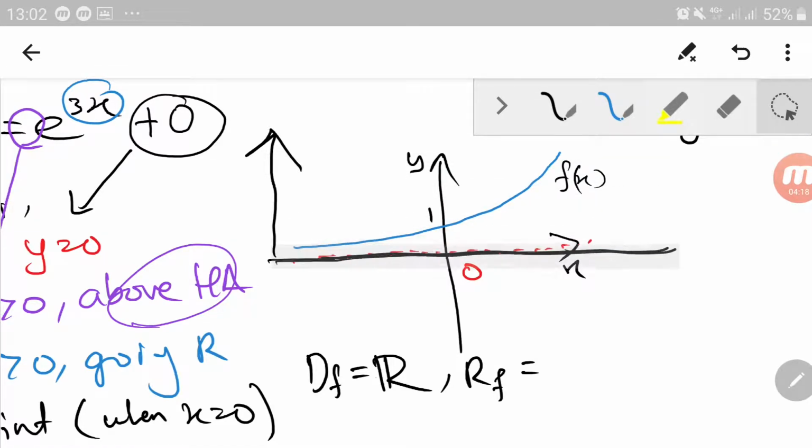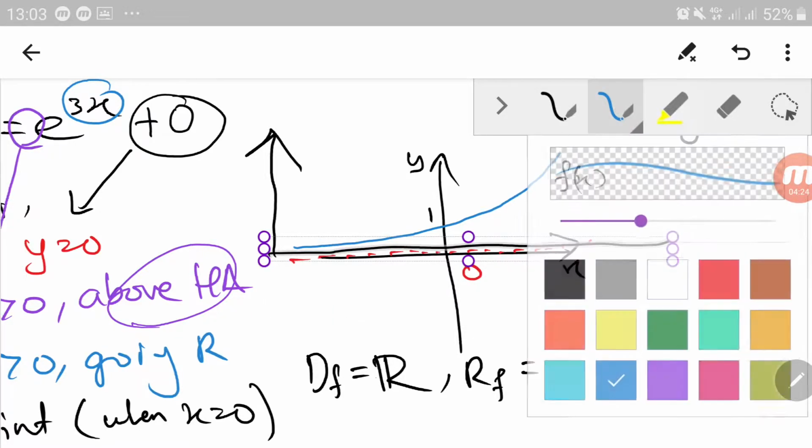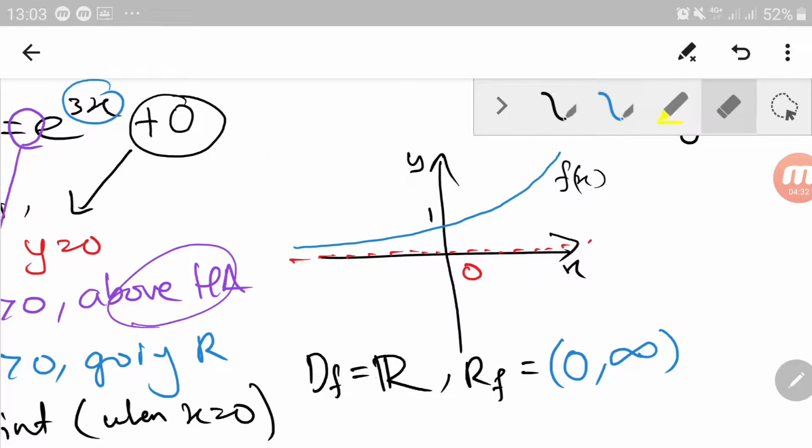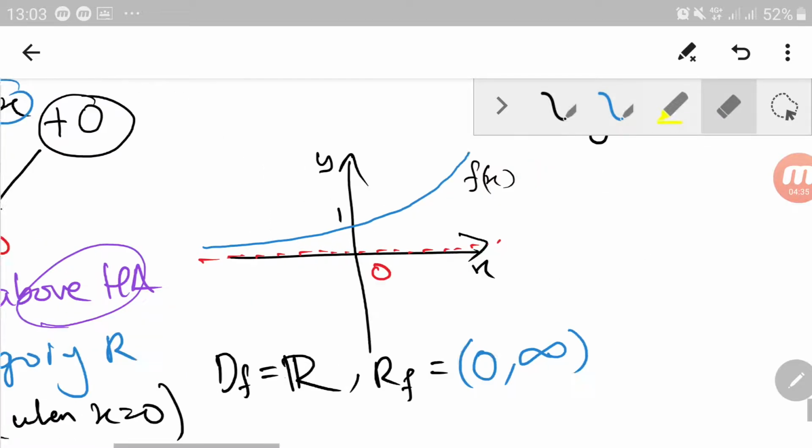But it doesn't if I do it like this, going below the horizontal asymptote. So it's from 0 to infinity. It doesn't include 0 because 0 is not included in the function.